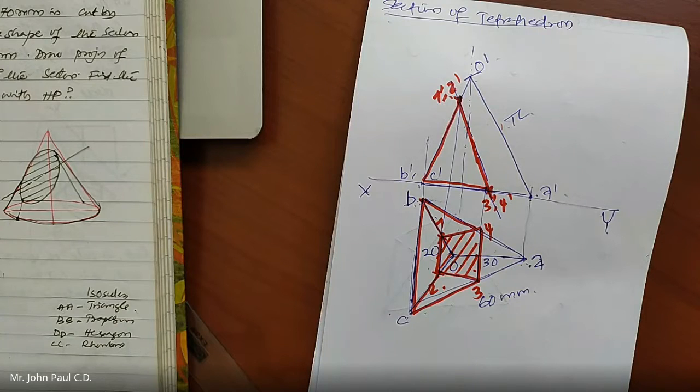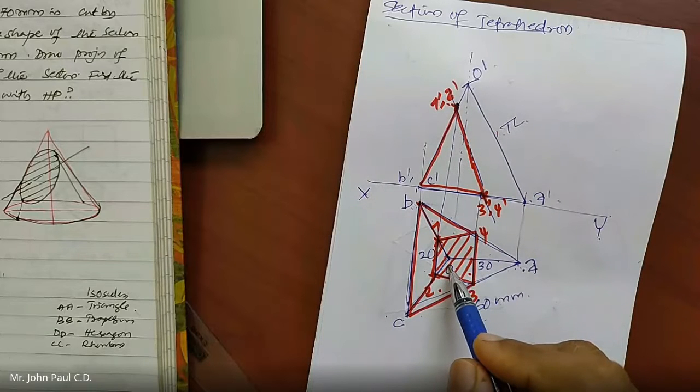Sir, in the top view, what is the fastest way to get the center of the triangle, O?